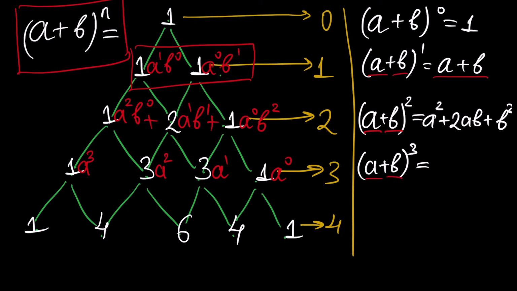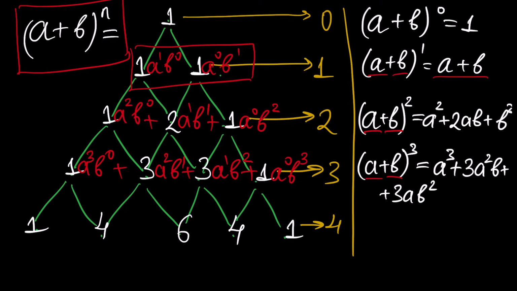And write our b in the opposite way, b to the power 3, b to the power 2, b to the power 1, and b to the power 0. And this will be the formula for our shortcut multiplication. If we rewrite it, it will be a to the power 3, a cubed, plus 3a squared b, plus 3ab squared, plus b cubed, and so on.